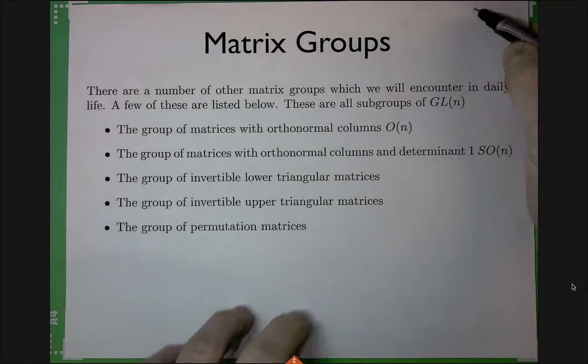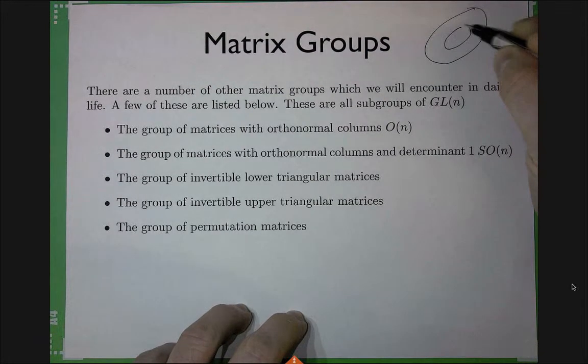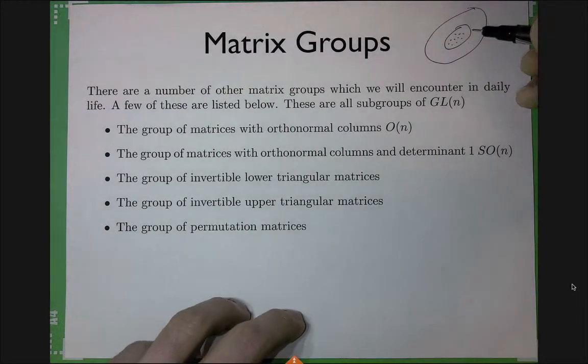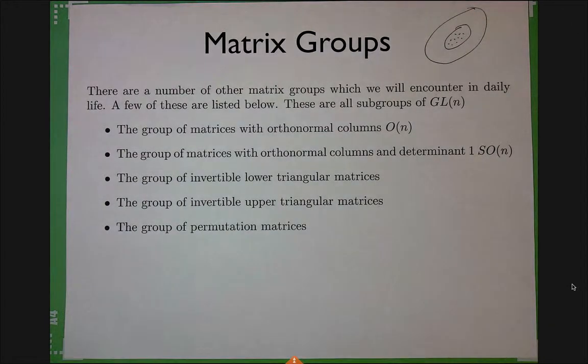I have some big group here, and I can pick some smaller set, which is completely contained in the bigger set, and the smaller set happens to be a group by itself. So the groups are sort of nested. GL is the biggest one, and there are some special smaller subgroups.